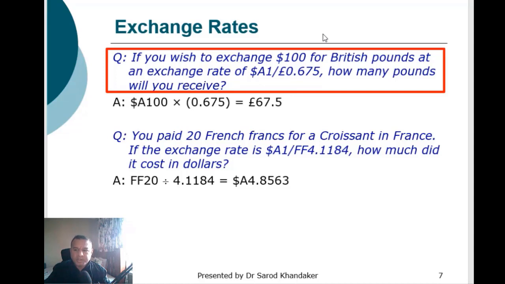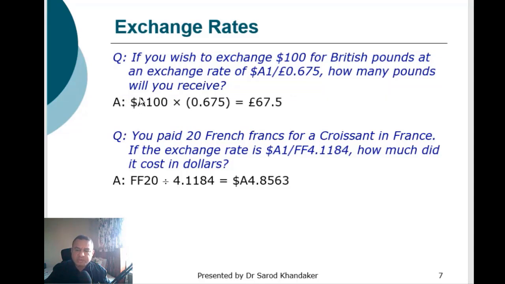We have $100 and we want to exchange it to British pounds. If you convert 100 Australian dollars to British pounds, the exchange rate is 0.675, which is given here, and if you convert it, you'll find it is 67.5 British pounds sterling.